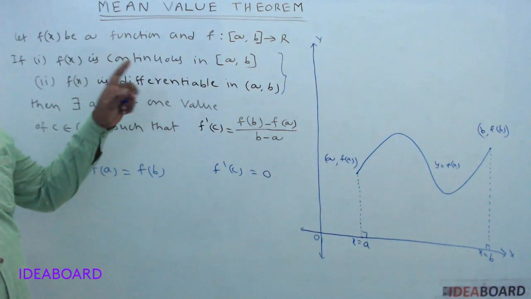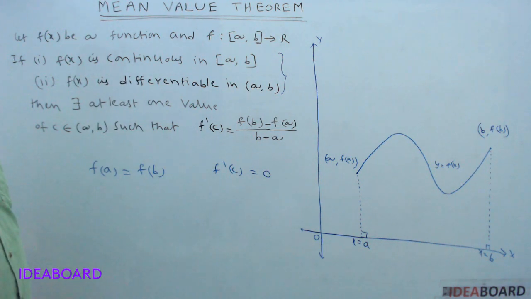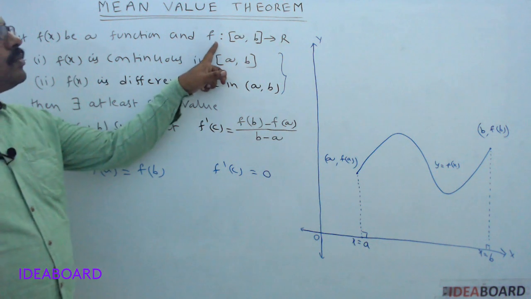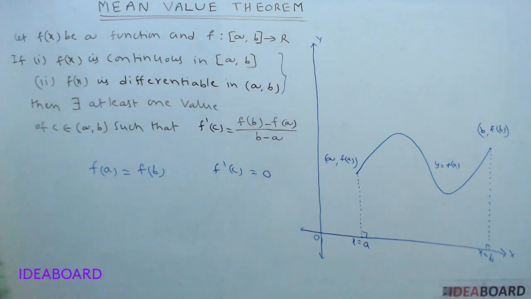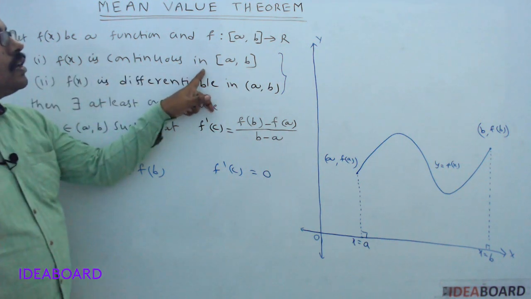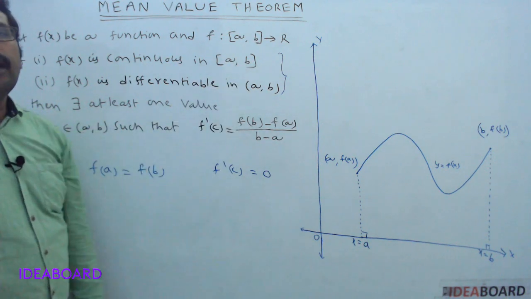Now come to our statement of the mean value theorem. f(x) is a function defined from the closed interval [a, b] to R. What is the first condition in this mean value theorem? f(x) is continuous in the closed interval [a, b].